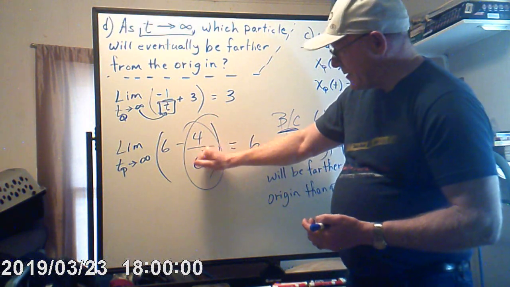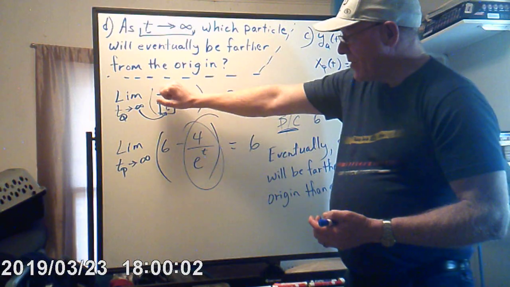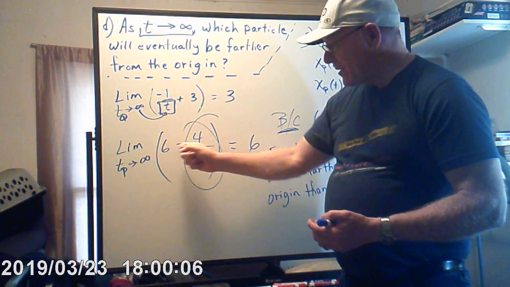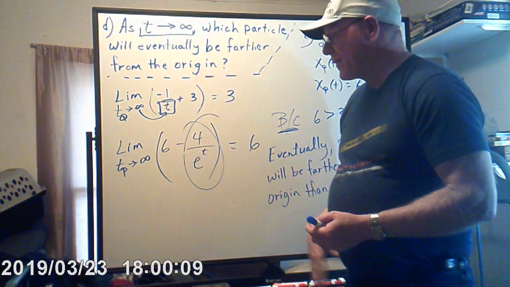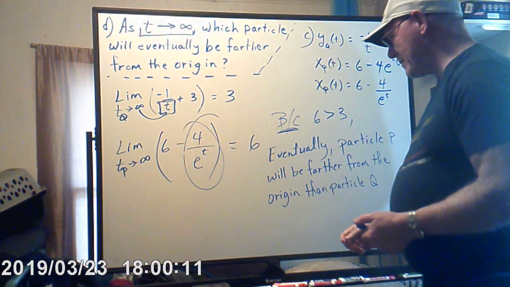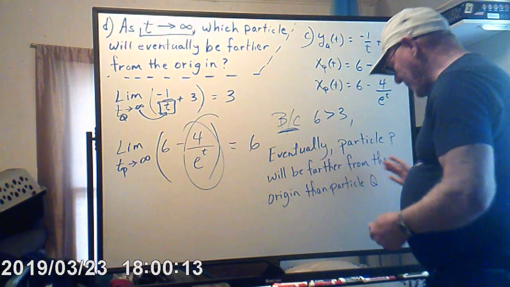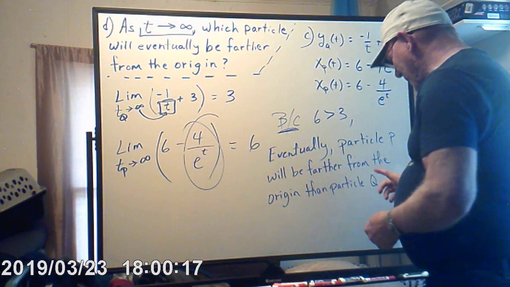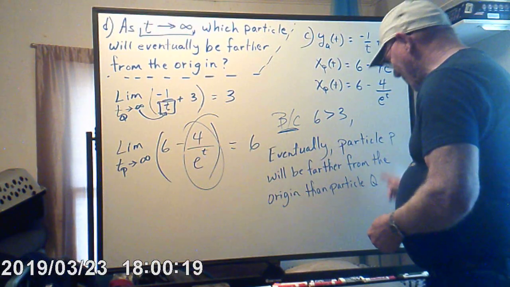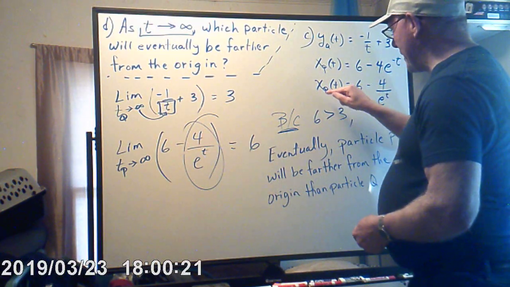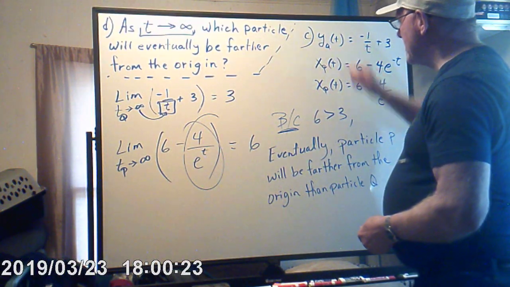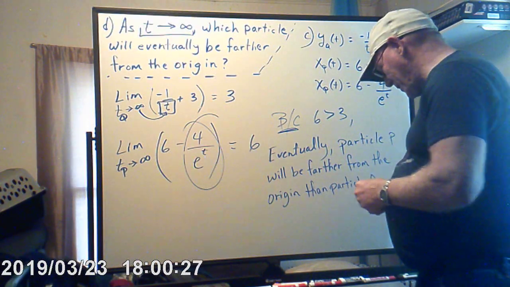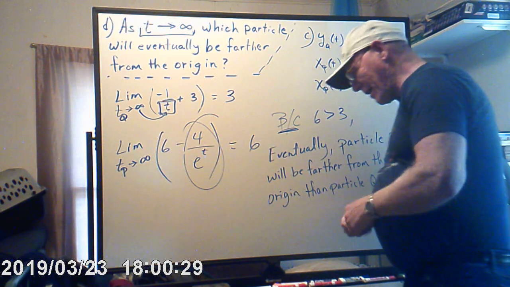This approaches 0. So 0 plus 3 is 3. 6 minus 0 is 6. And there we go. So eventually particle P will be farther from the origin than particle Q, and you have to make sure you got the right one. That's all we have here.